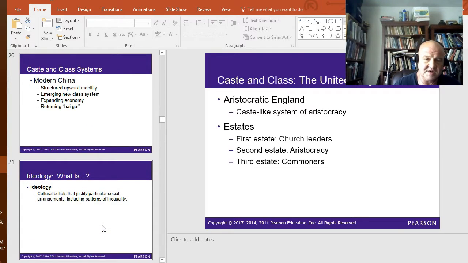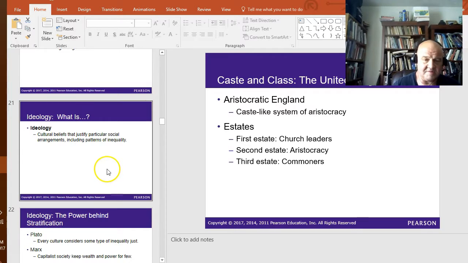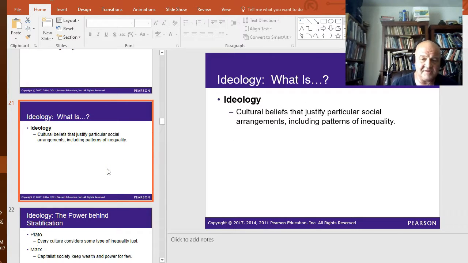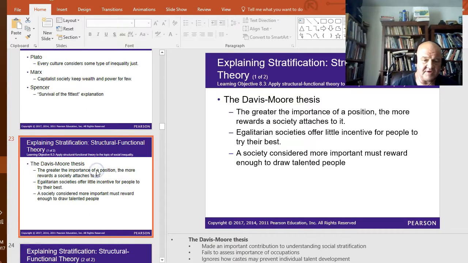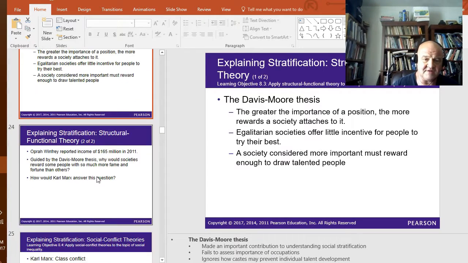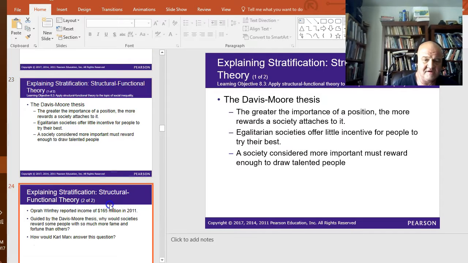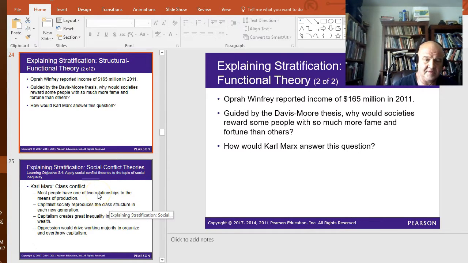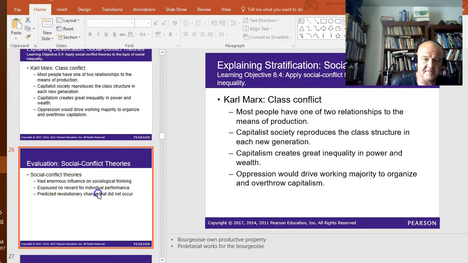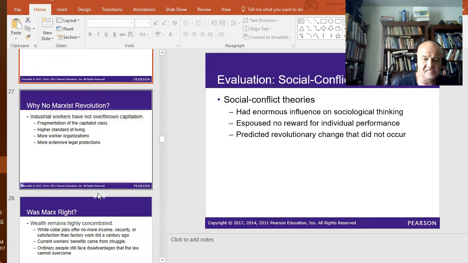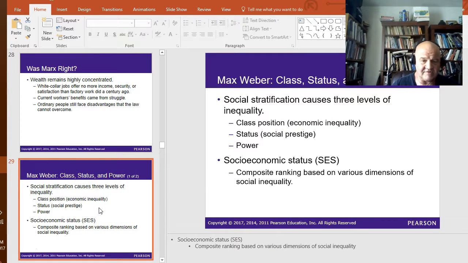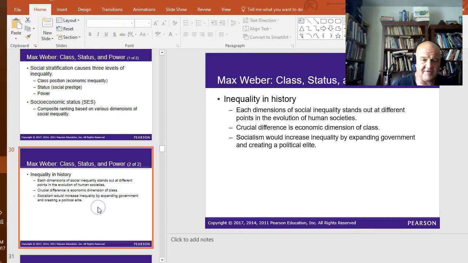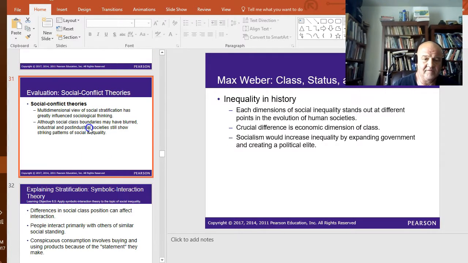We're not doing a comparison. Then skip down to slide 21. Slide 23 provides us with important information about meritocracy. Okay, that's the thesis. Slide 24, slide 25, slide 26, slide 28, slide 29 introduces Max Weber, slide 30, slide 31.